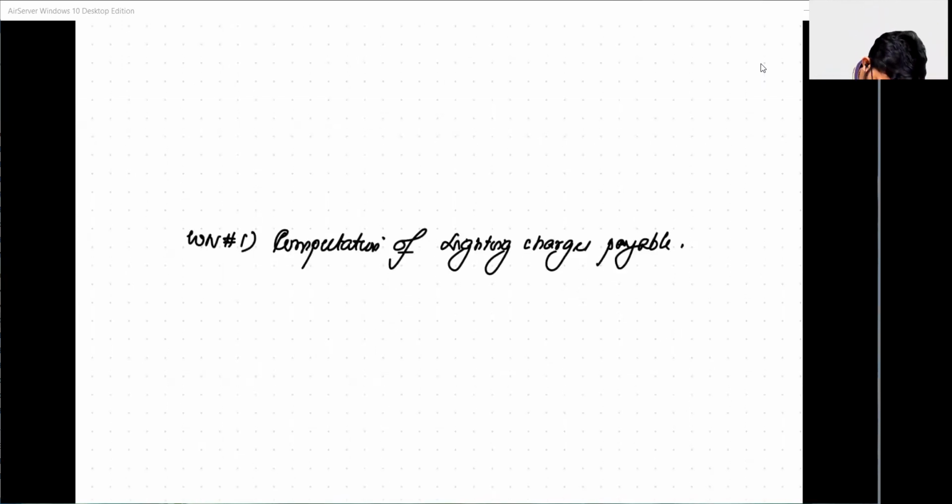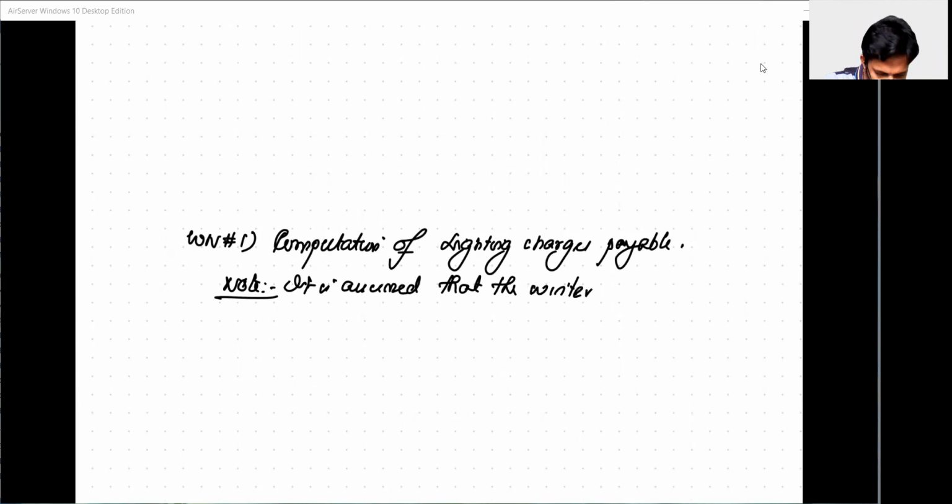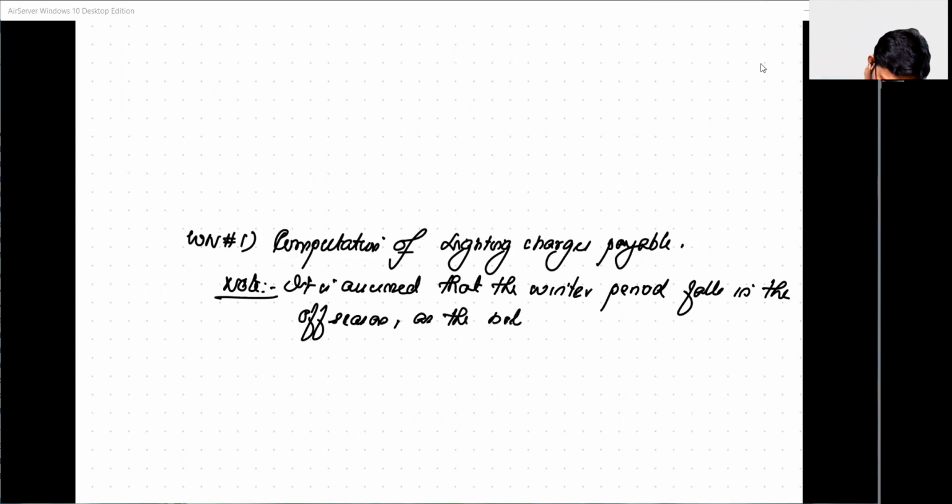So here you have to write a note. It is assumed that the winter period falls in the off season, as the holiday home is located in a hill station.